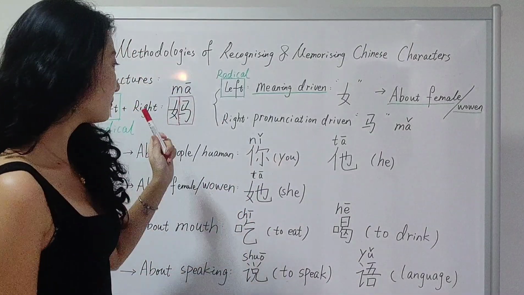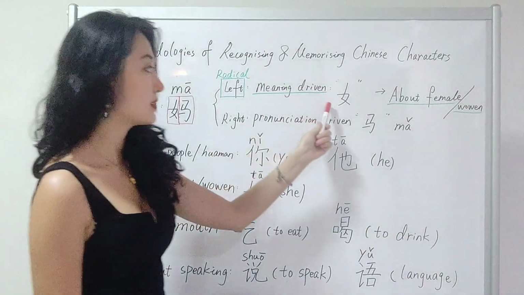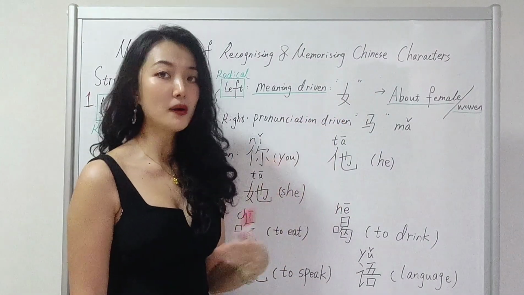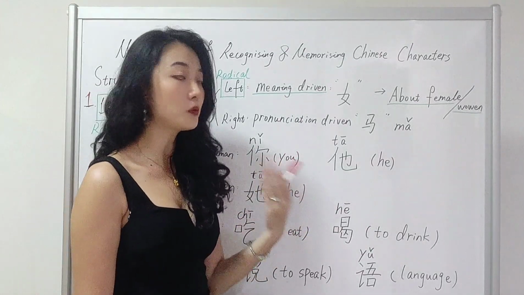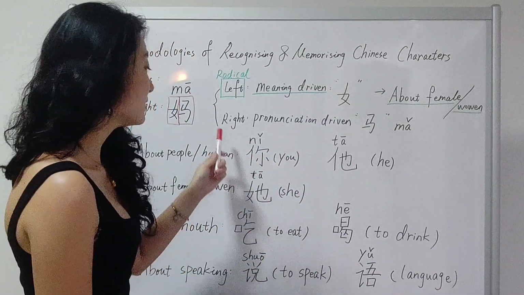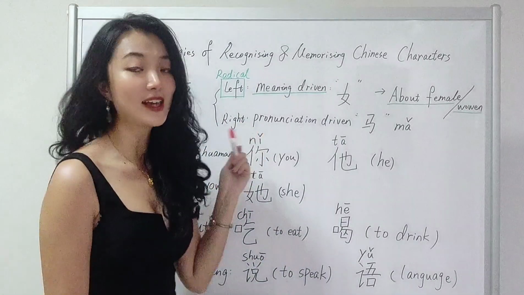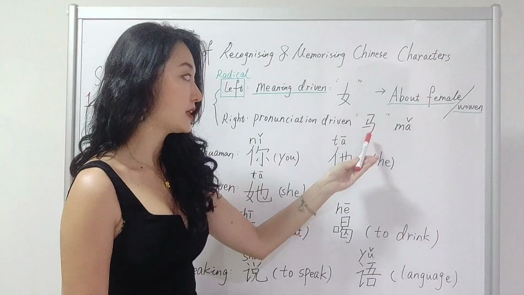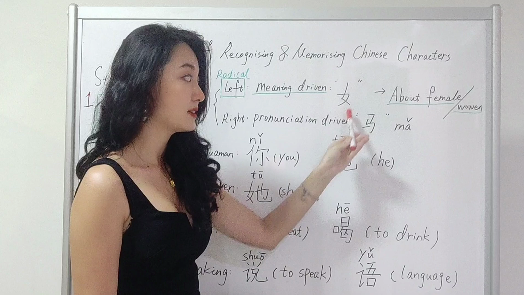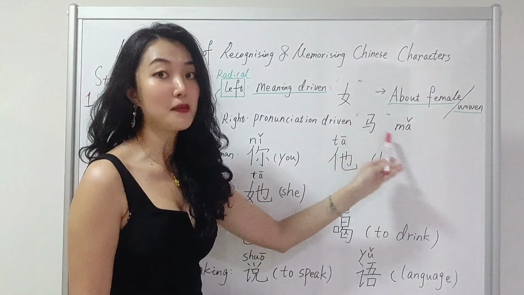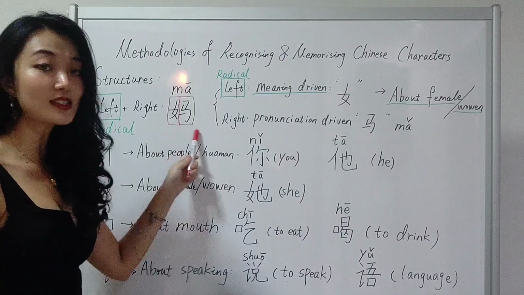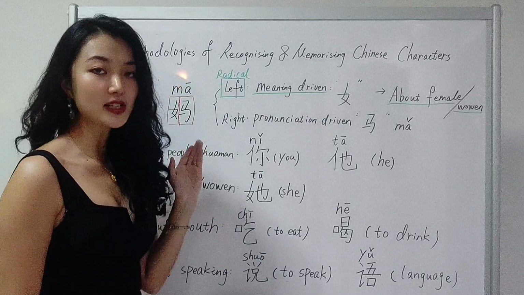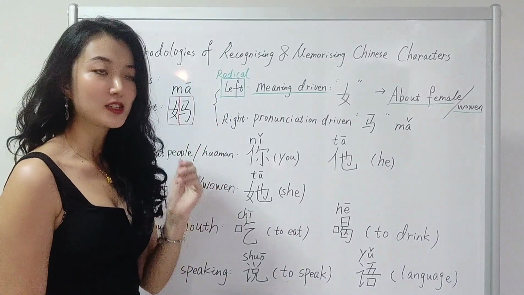For example, ma's left part is this radical, and this radical means about female, about women, or female women related. And the right part is pronunciation driven. So here, the right part, probably we haven't learned this character yet, but I will tell you the right part, this character, pronunciation is ma. So that sounds just like ma, right? So this is the first example of left and right structure.